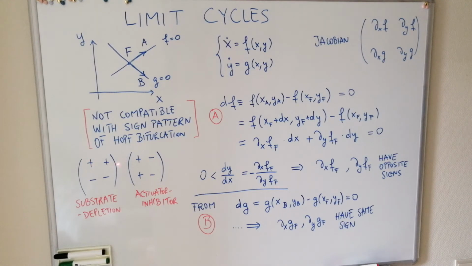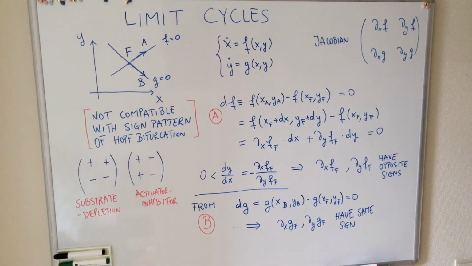So in the substrate depletion, you have two rows with the same signs in the derivatives with respect to x and y of f, and here also the derivatives of g have the same sign. For the activator inhibitor we have opposing signs for the two derivatives with respect to x and y.